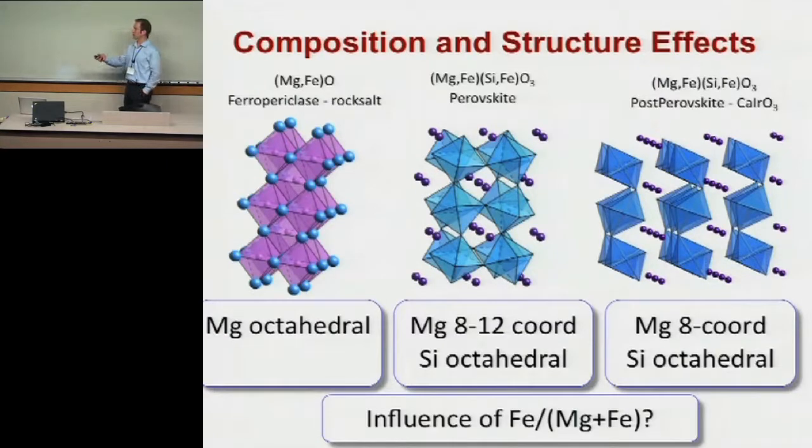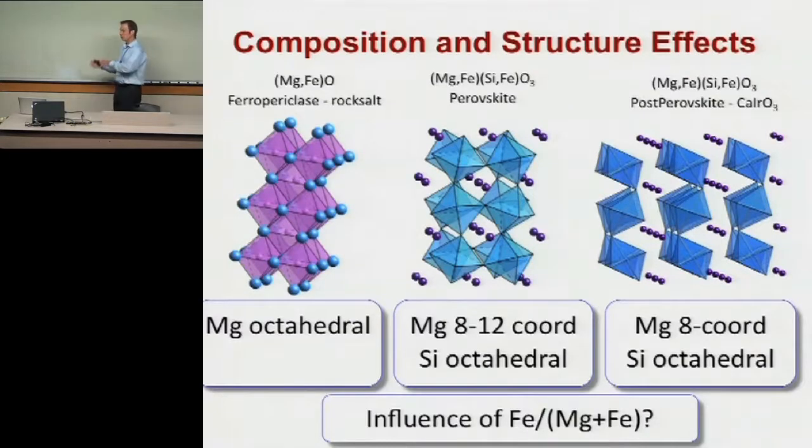So we've looked at aspects of this spin transition in ferropericlase, where iron sits on an octahedral site; in perovskite, where you can conceivably put iron on either an 8 to 12-fold coordinated site or an octahedral site; and then post-perovskite, where it can also sit on an 8-fold or octahedral site. So there are different kinds of sites your iron might end up on.